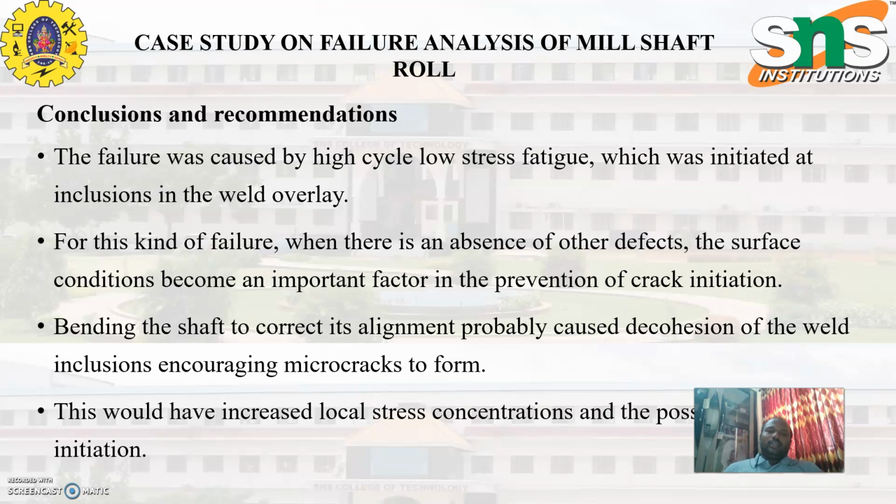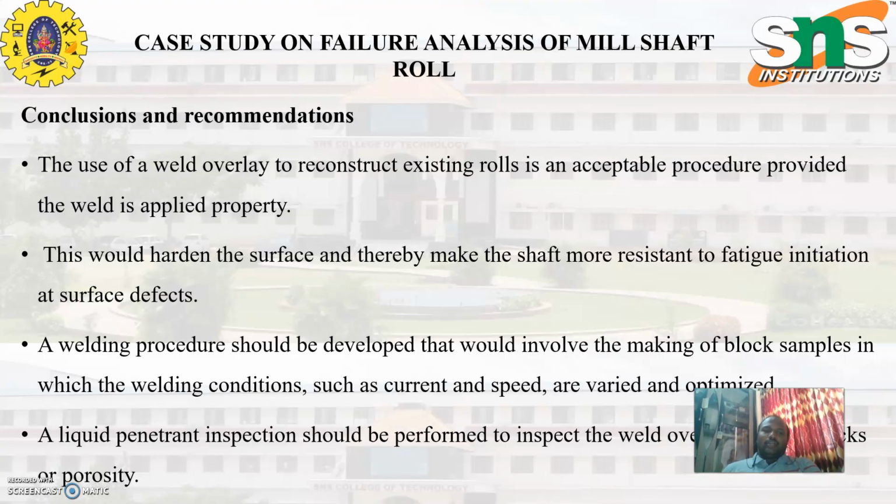The other point is that the bending of the shaft and its alignment should be corrected, because this causes decohesion of weld inclusions, encouraging micro cracks to form. This could increase stress concentrations and the possibility of crack initiation.